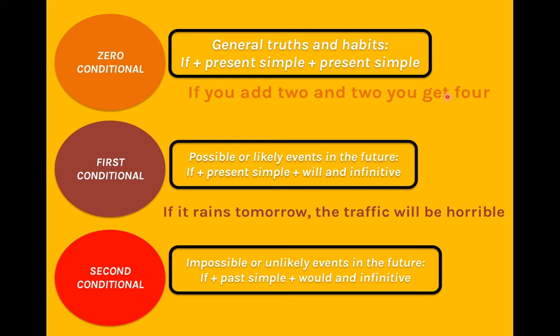Now let's see a sentence in the second conditional. If I won the lottery, I would buy an original Picasso. So, is it possible? Is it likely that you win the lottery? Not really. The possibility of winning the lottery is very, very small. It's almost impossible that someone you know or that you win the lottery.